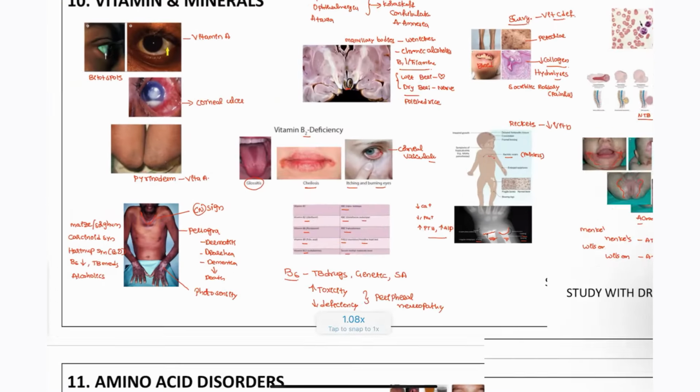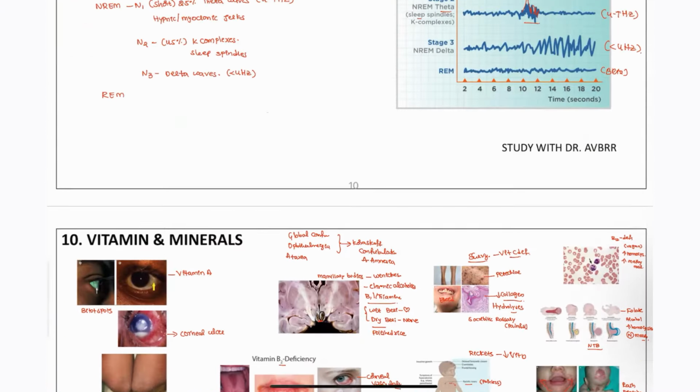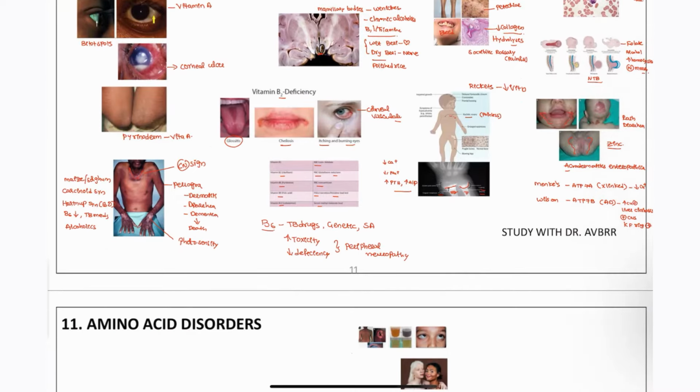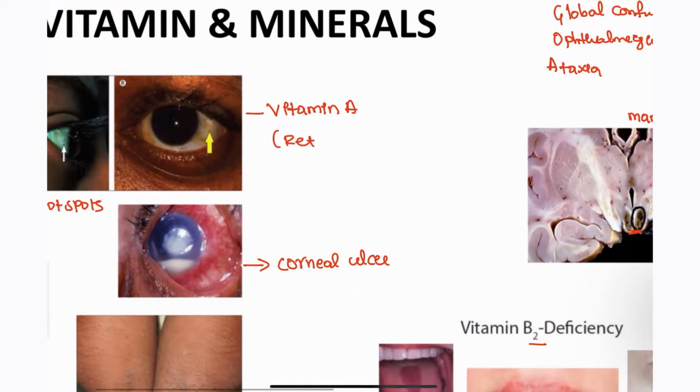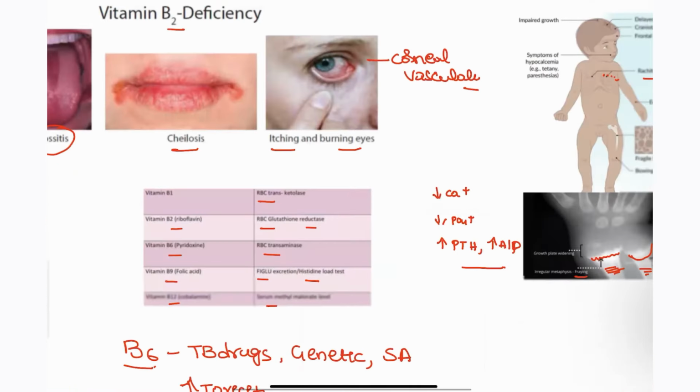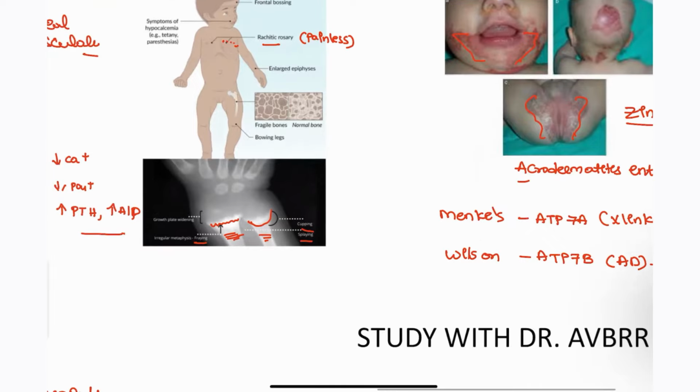And another thing that you have to take note of is the vitamins and their active forms. Let's see some of the important vitamins and active forms. In vitamin A, the active form is retinoic acid. Next, vitamin D, the active form is calcitriol.